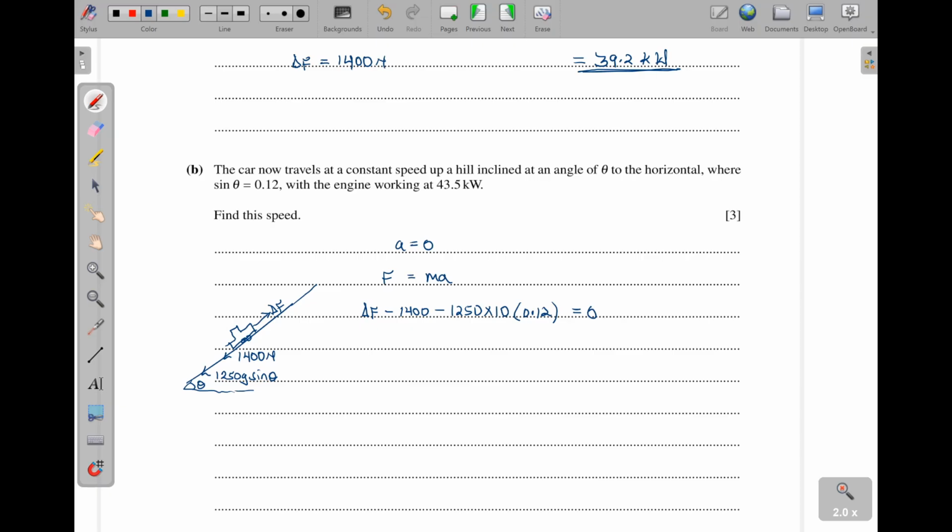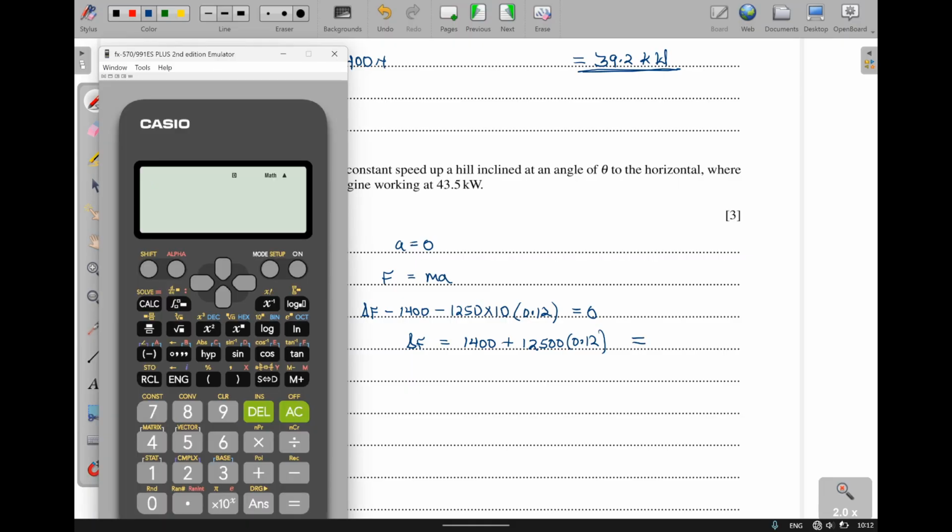Then the driving force is going to be equal to these two. Put this other side: 1,400 plus 12,500 times 0.12. Altogether, this gives us 2,900 newtons.